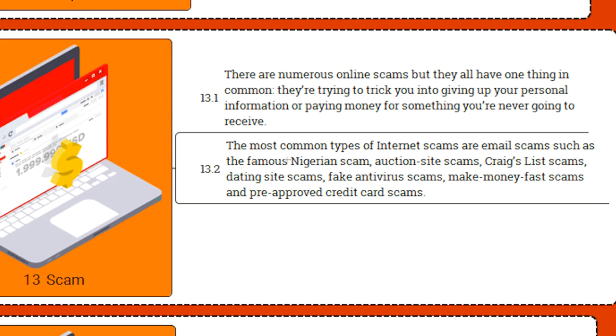And how to recognize this? The best way to recognize a scam is to remember the age-old saying, if it sounds too good to be true, it probably is. Many online scams will seem to offer you a great deal of money. All you have to do to get it is make a little deposit to cover the so-called processing fees.